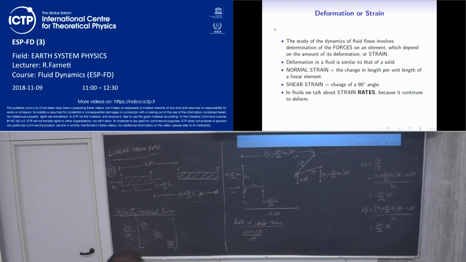And so the rate of the shear, the rate of the two angles caused by the strain rates acting on the element of fluid, if you substitute, is the rate of change, and the dt.